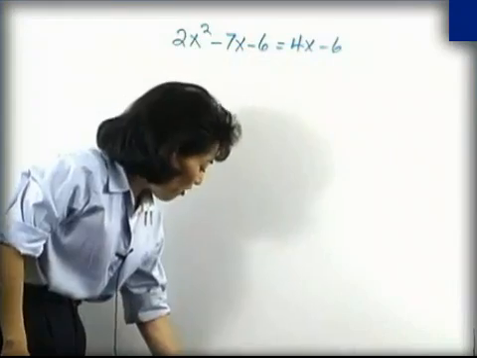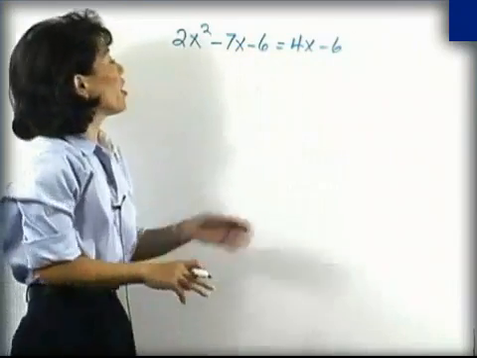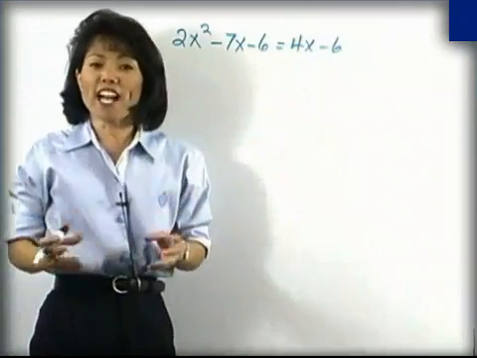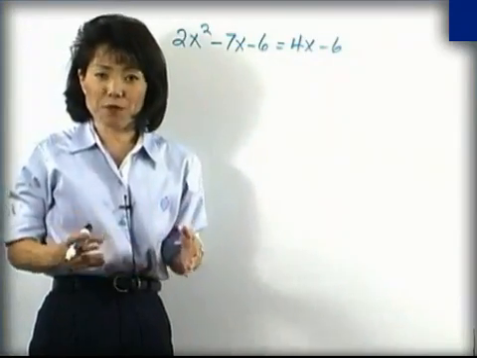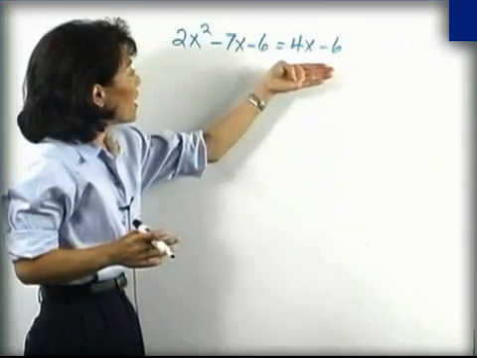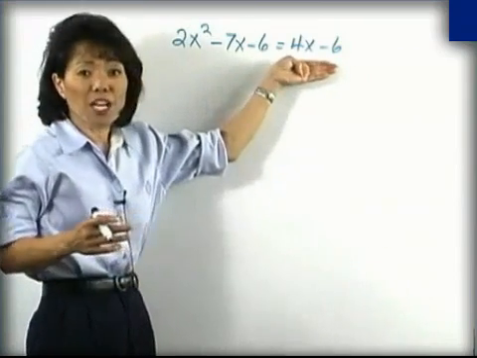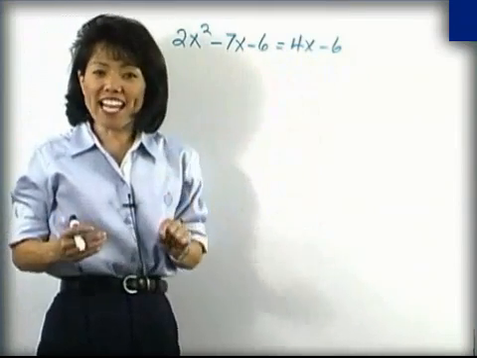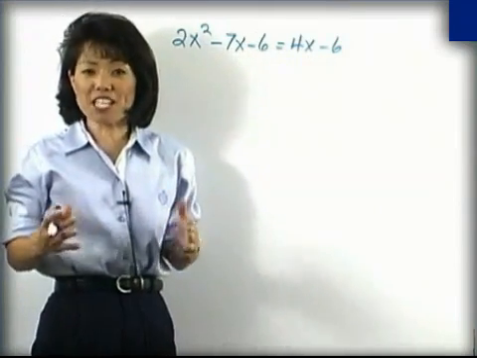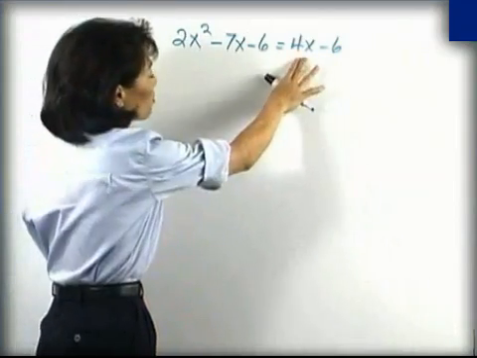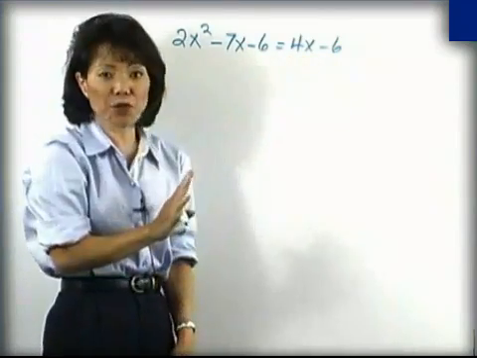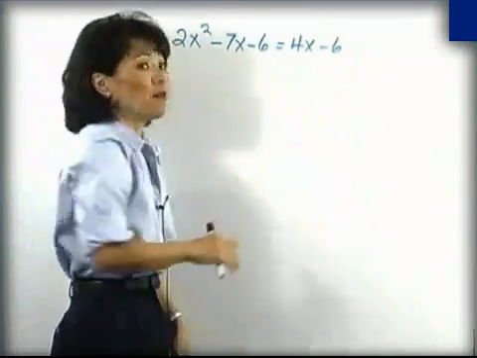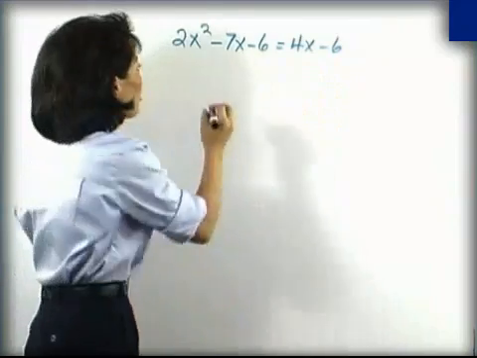When solving a quadratic equation, what we're going to want to do first is to write it in standard form, just as we previously did. In this case, we see that we have a 4x minus 6 on the right-hand side. We want the right-hand side of our equation to be equal to 0. So what we're going to do is subtract 4x on both sides of our equation, and at the same time, add 6 to both sides of our equation.